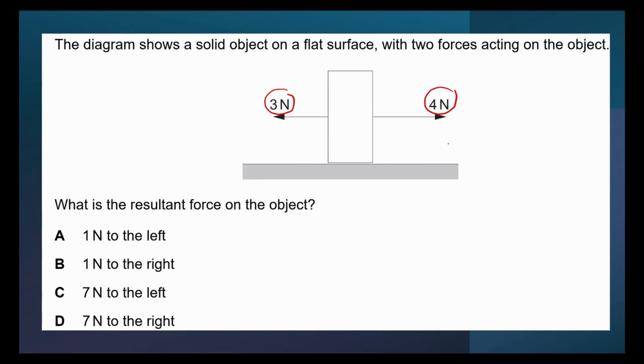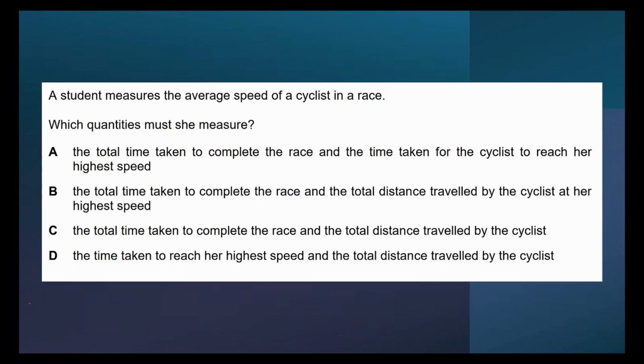The force is a vector, so if we consider a direction positive, the opposite direction is negative, so we subtract them. So the resultant force equals 4 plus -3. This means it is 1 newton. It is positive, and 4 is positive, so it is in the direction of 4, so it is to the right. So it is 1 newton to the right.